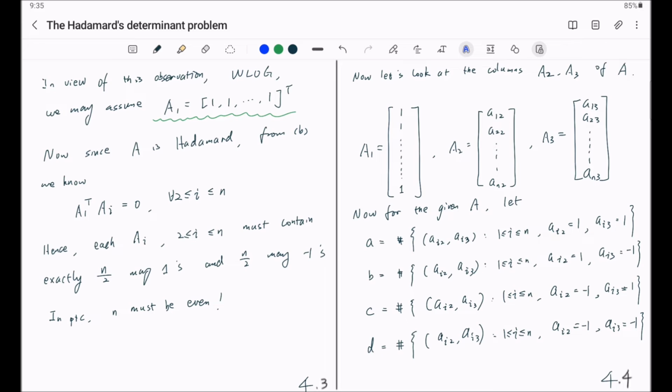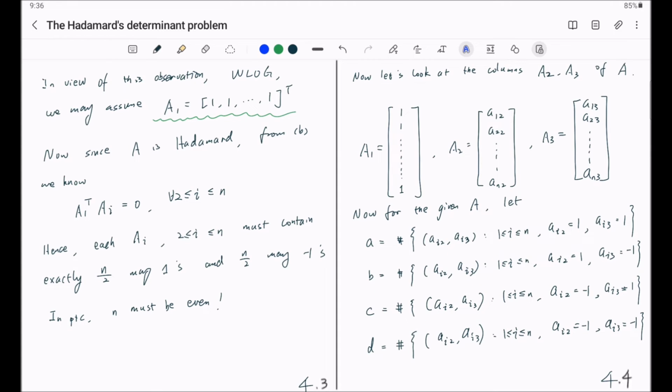What we are doing here is partitioning the n-element set consisting of the pairs (A12, A13), (A22, A23), all the way to (An2, An3) into 4 sets based on whether the pair (Ai2, Ai3) is (1, 1), (1, -1), (-1, 1), or (-1, -1).